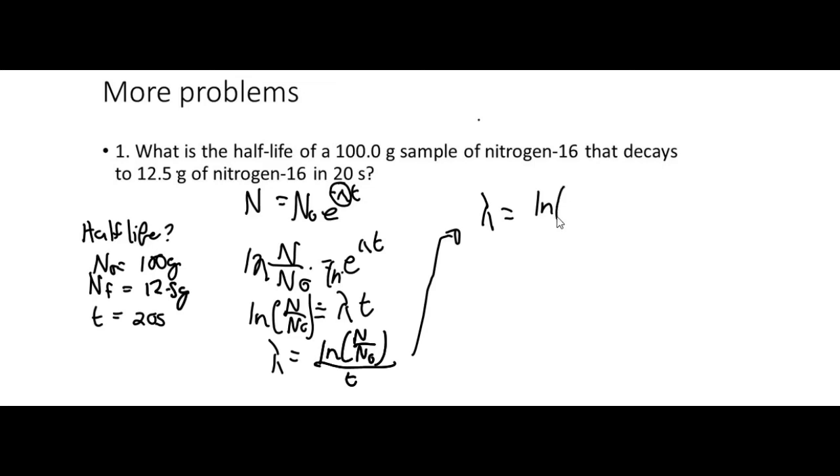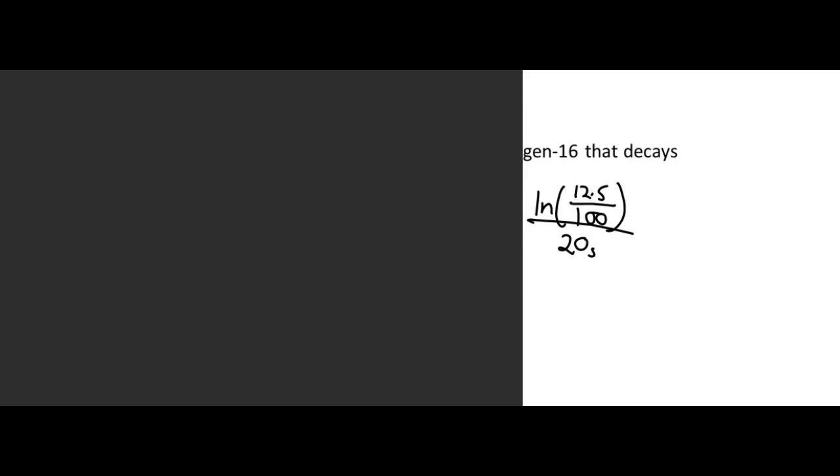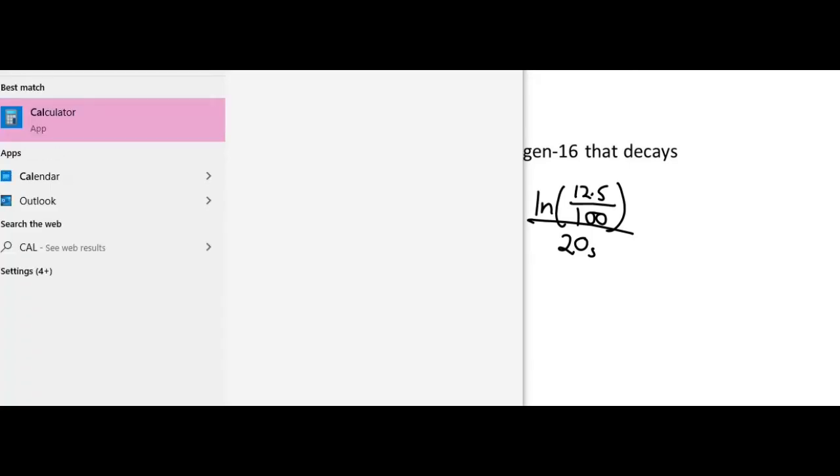Now let's substitute the values. So ln of 12.5 divided by 100, over 20 seconds. So let us get our calculator in order to solve this. All right, let's have our calculator.